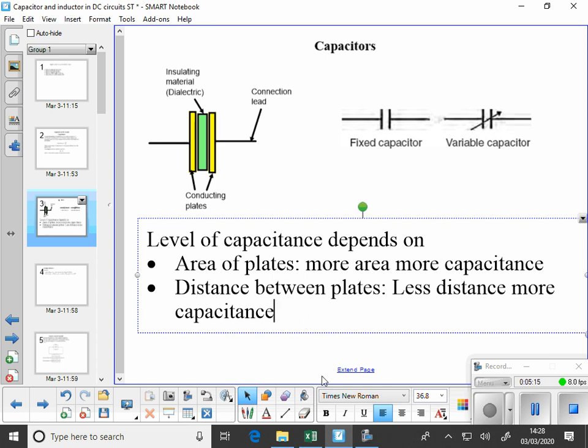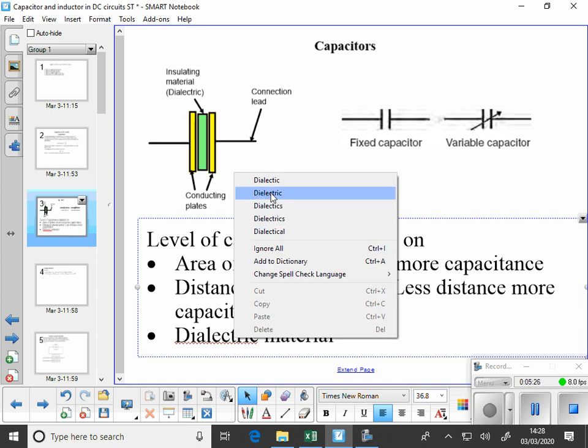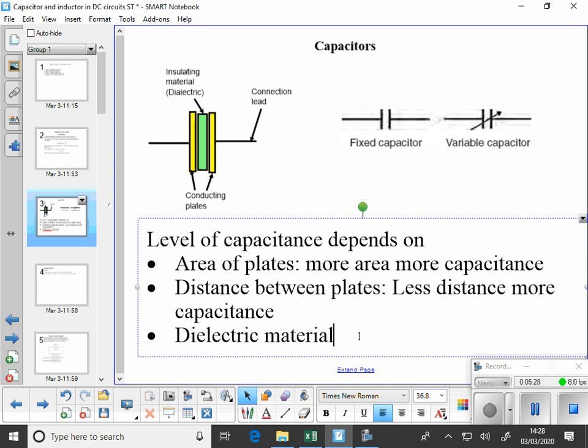And then lastly, the dielectric material. An air dielectric, so just having an air gap, would give you a much lower level of capacitance than if you put a thin piece of paper between the plates, and you get paper capacitors.